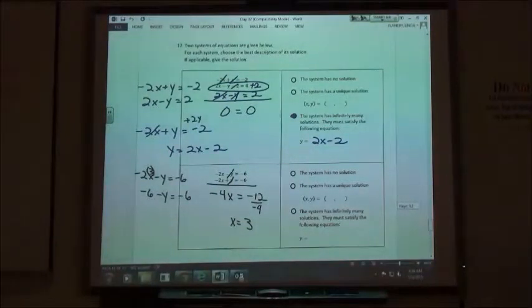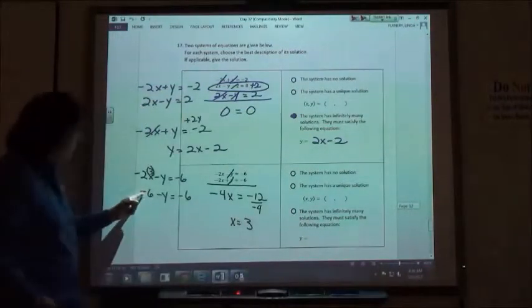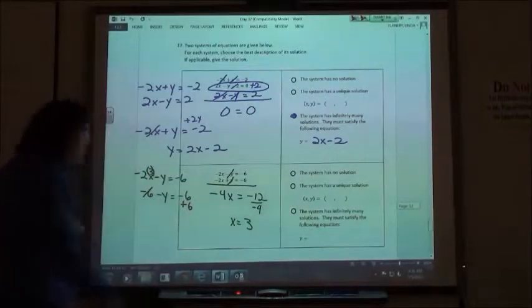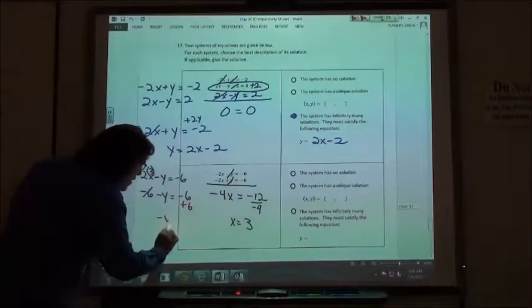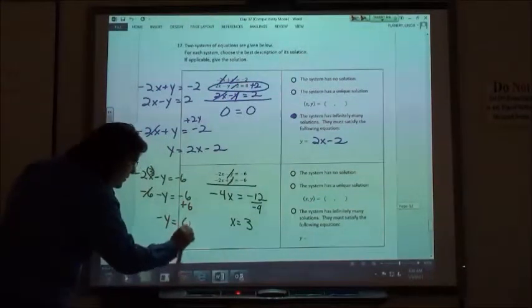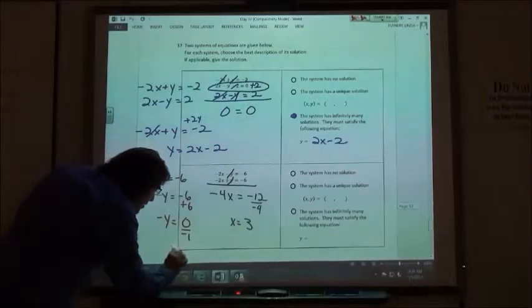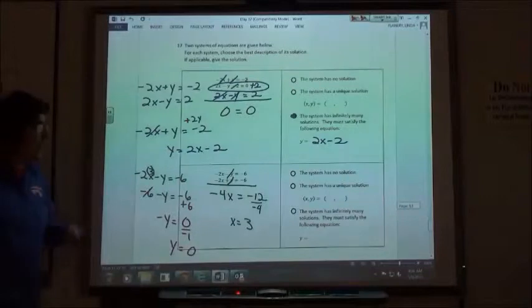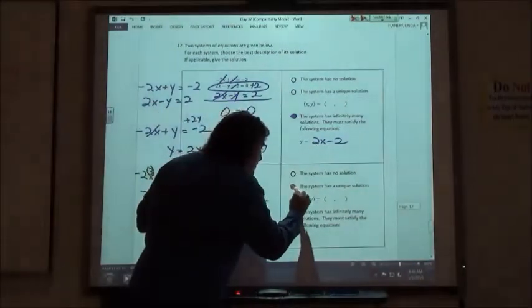And if I want to solve that for y, I'm going to move my 6 to the other side, so I add 6. So negative y is going to equal 0. Technically I would divide by negative 1, but 0 divided by anything stays 0. So in this case, where I've got answers, we have a unique solution.